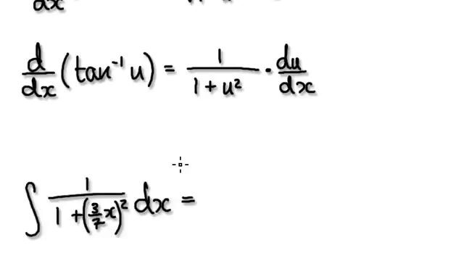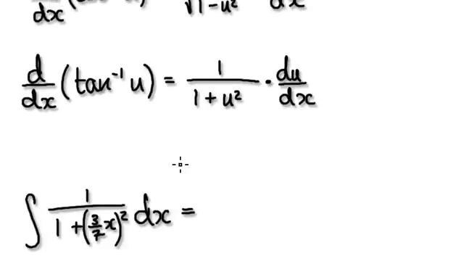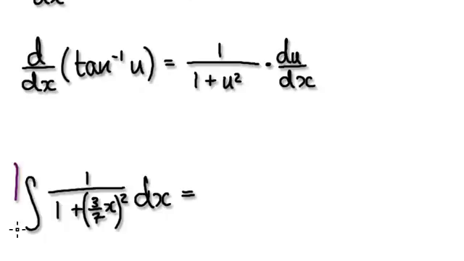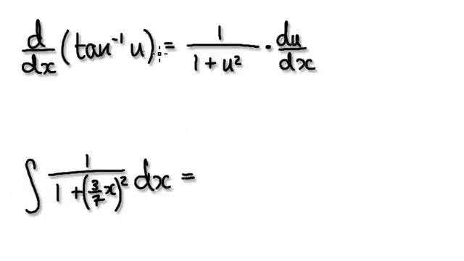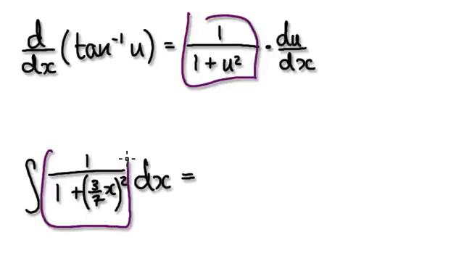Okay. So for example, if you're asked to integrate this, now looking at this, it is of the tan form. So this here is of this form here.